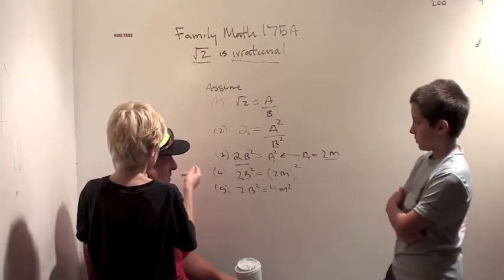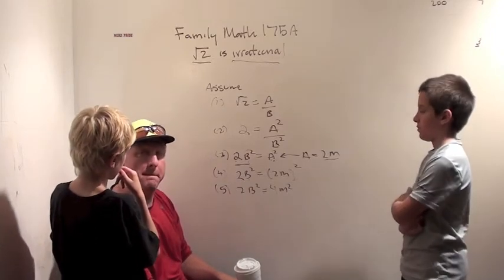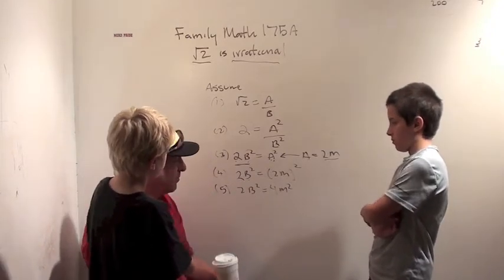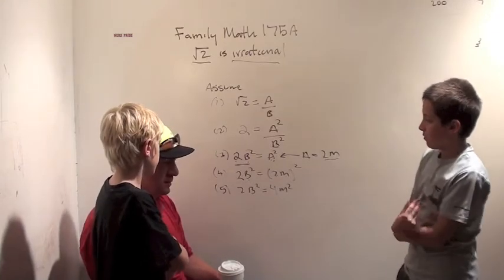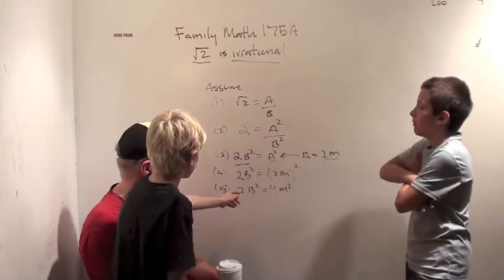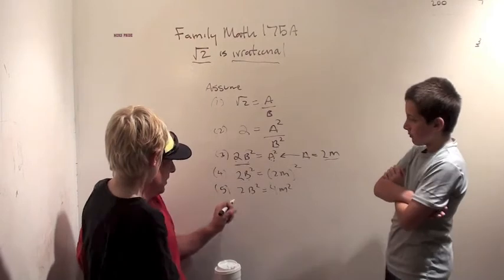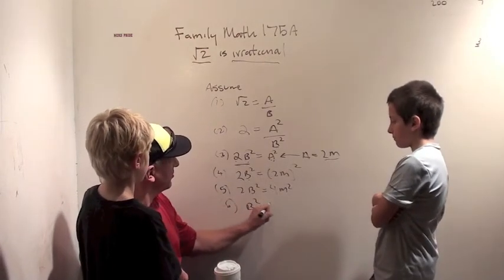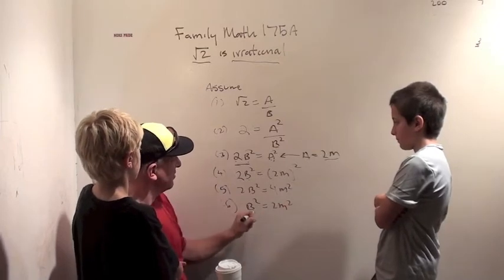I think this means that b is even. How come? Because you can divide by 2. Very good. b squared is 2m squared. That means b is even.